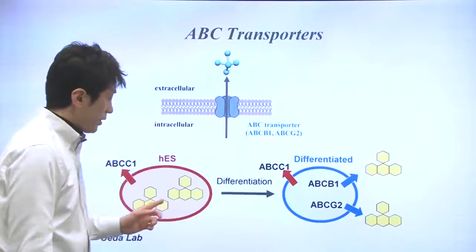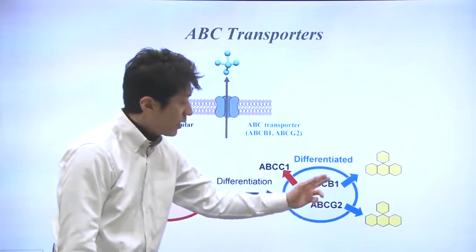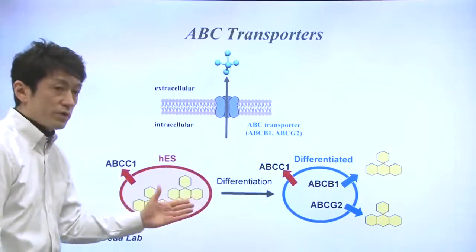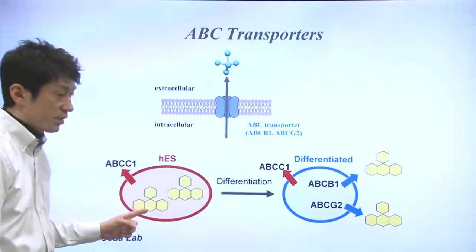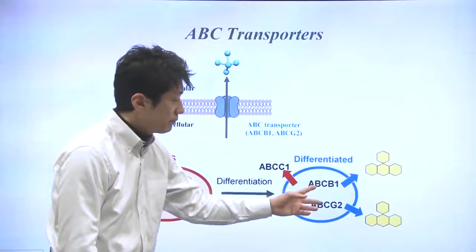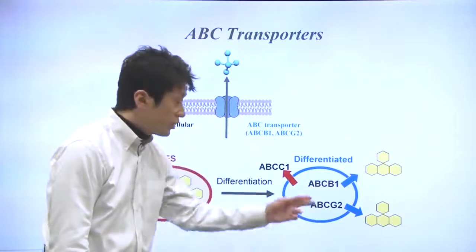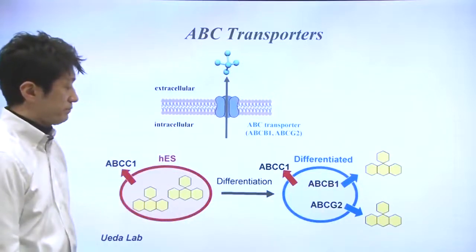KP1 happens to be exported by these two transporters. That's why before differentiation, KP1 can accumulate inside the ES cells, but upon differentiation, KP1 can be removed by these two newly expressed transporters. That's how it works.